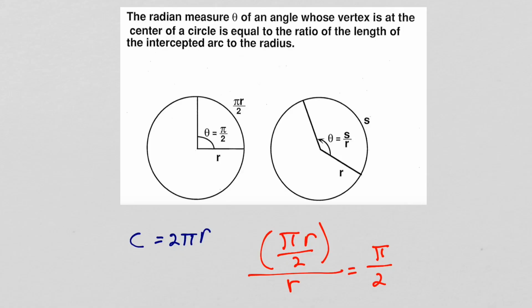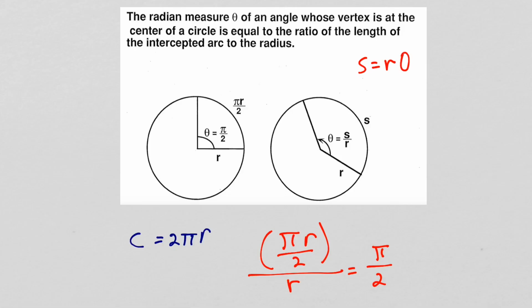We will often encounter situations where we know the radius and we know the angle, and we want to find the corresponding arc length. So from this relationship, we see that the arc length will be the product of our radius and our angle in radians.